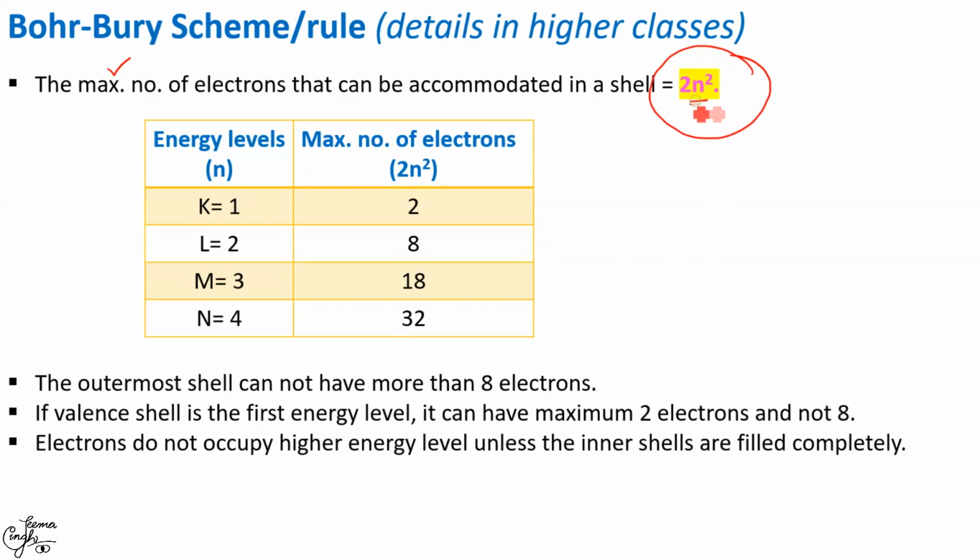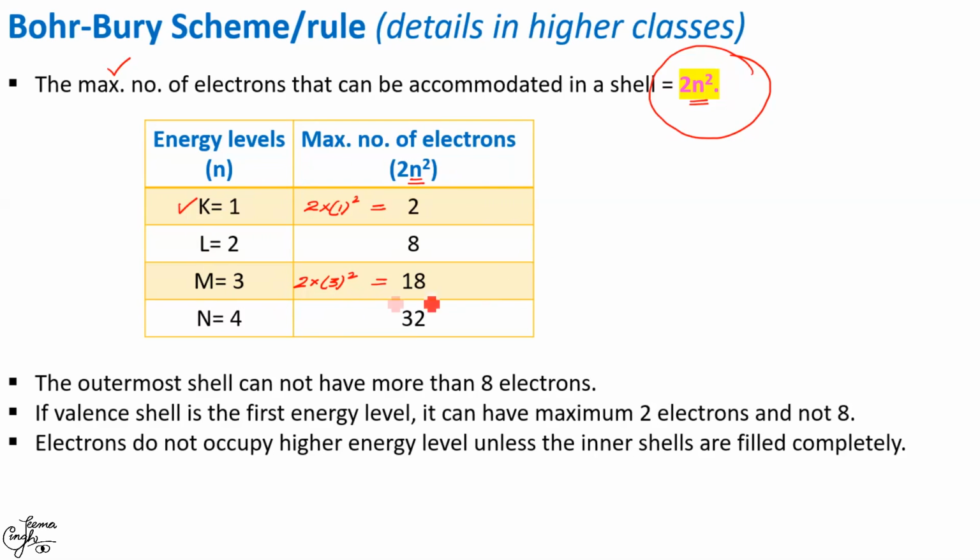Now what is n out here? n is the shell number. I told you for K, n is equal to 1, for L it is 2 and so on. So the maximum number of electrons that can be accommodated in K shell will be 2 into 1 square, which is equal to 2. Let us say for M, it is going to be 2 into 3 square, which is equal to 18, and so on.